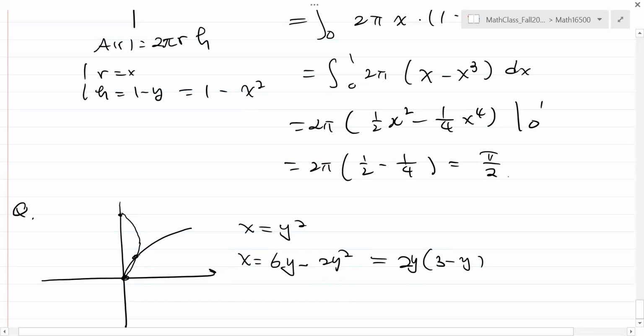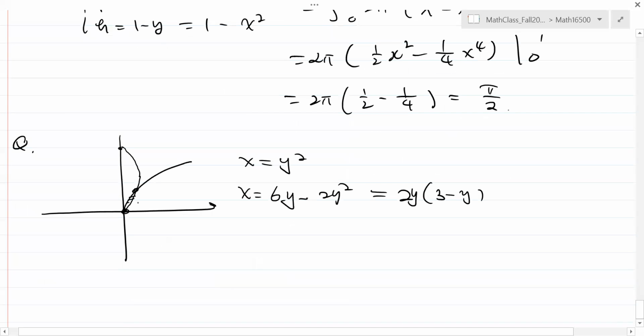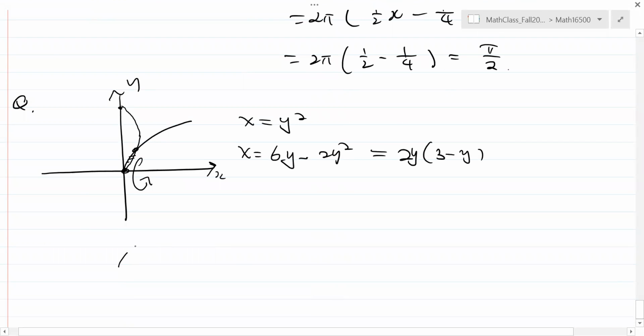So that's the intersection point here. So we are going to rotate this region about the x-axis. Find the volume of the solid, okay? So the graph looks like that.